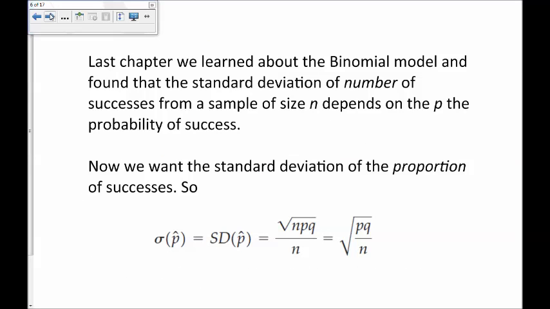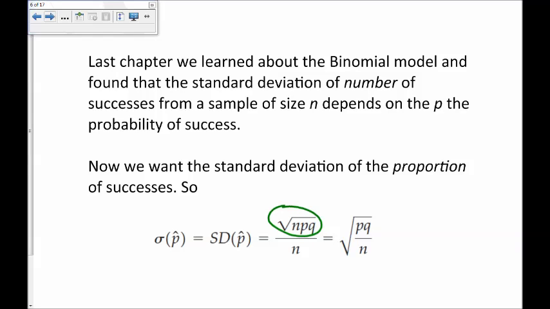Last chapter, we learned about the binomial model and found that the standard deviation of the number of successes from a sample of size n depends on p, the probability of success. So this part of the equation right here should look familiar to you from the binomial model.